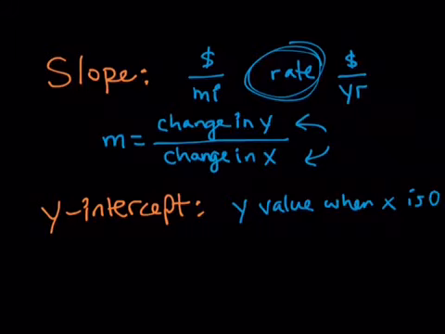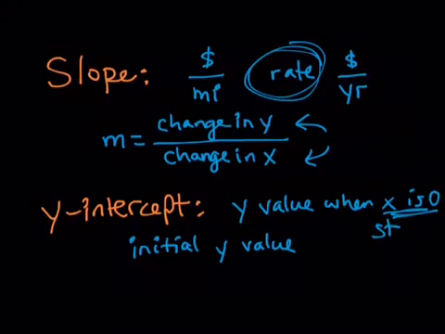Now in the context of these problems, we can sometimes say that this is an initial y value. We think of the problem as starting at x equals 0, and then we would say that's the starting y value, or the initial y value.